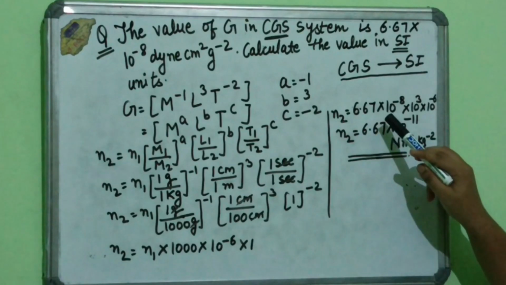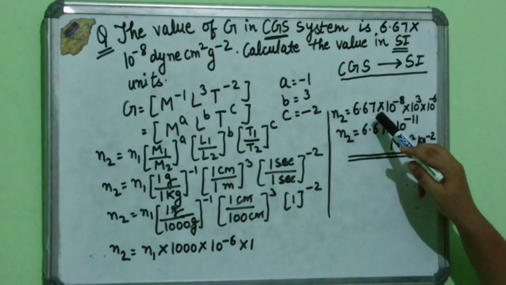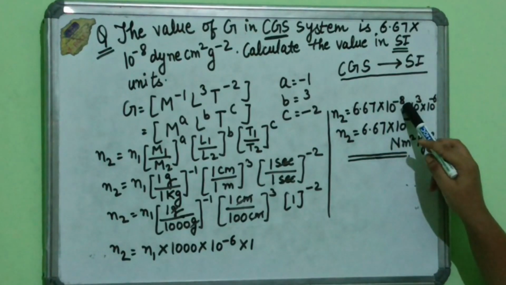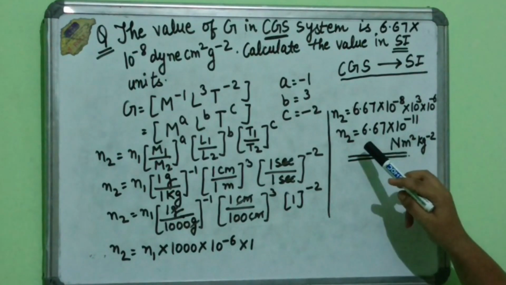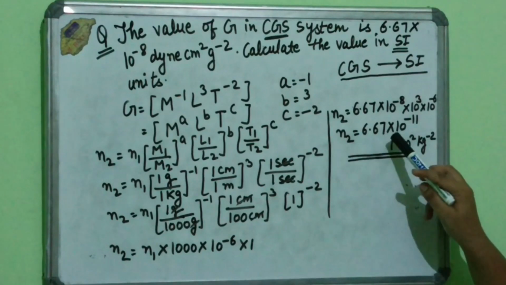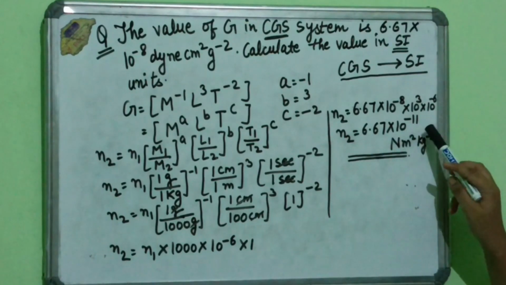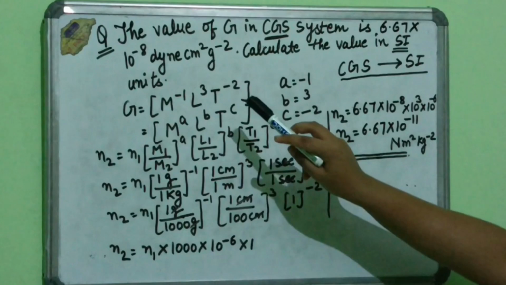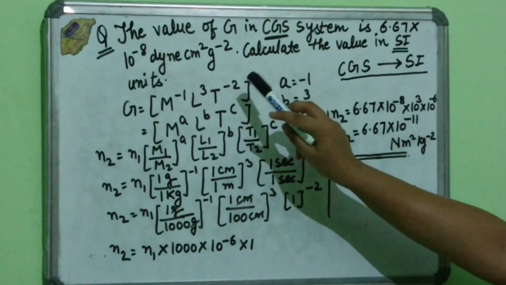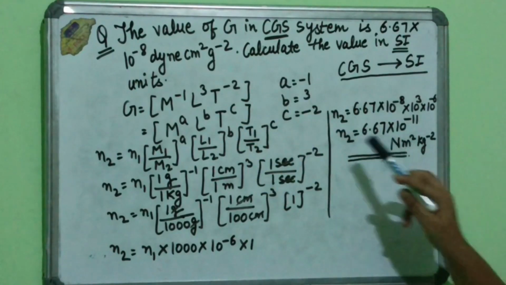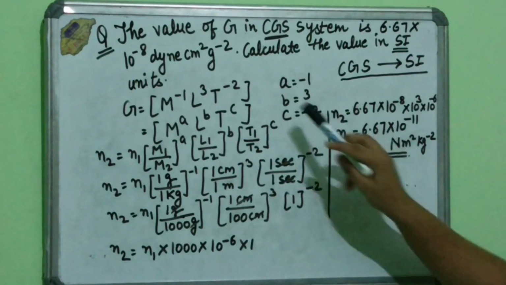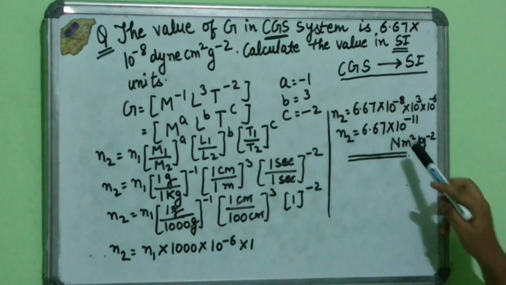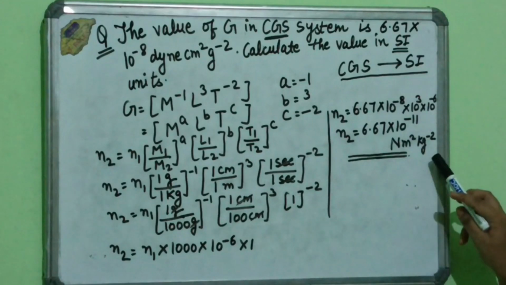The value of n1 is given in the question, which is 6.67 into 10 to the power minus 8, into 10 to the power 3 into 10 to the power minus 6. So the value of n2 becomes 6.67 into 10 to the power minus 11. The units also get changed from CGS to SI. That means dyne converted to Newton, centimeter converted to meter, and gram converted to kilogram.